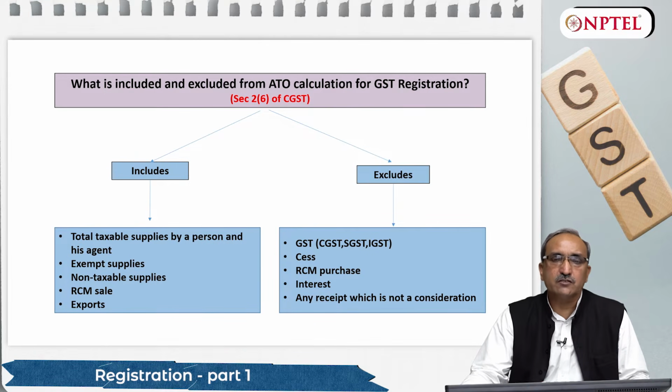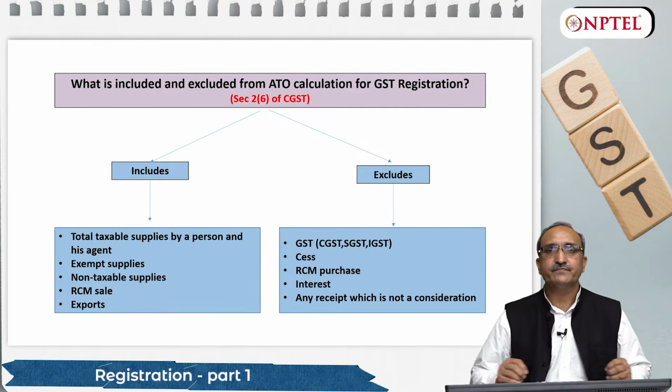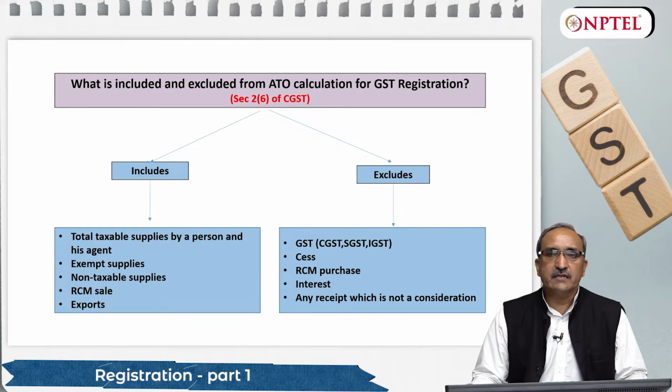So putting all things together, if your turnover is more than 20 lakh rupees, you are supposed to take a GST number. You are supposed to obtain GST registration. And in aggregate turnover, taxes of CGST, SGST, IGST need not be included, cess need not be added, RCM purchases need not be taken into account, interest received by you, FD, savings need not be added, any receipt which is not a consideration.